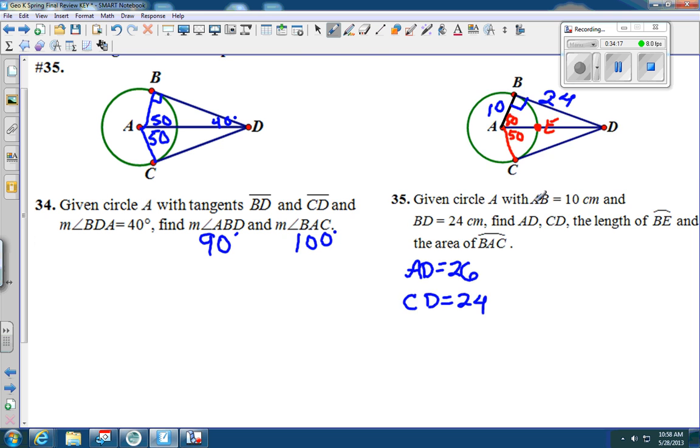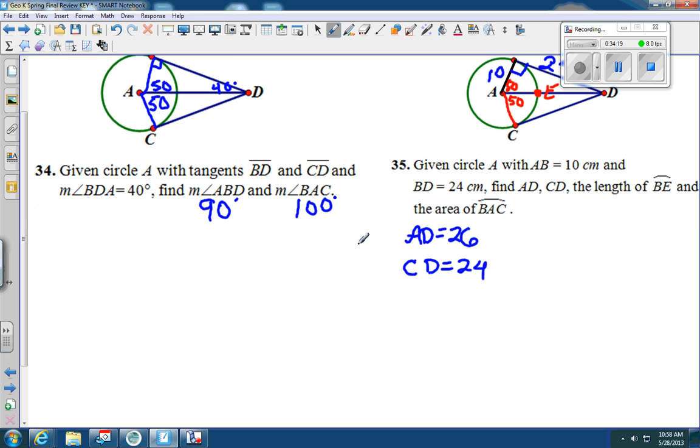Well, for BE, I would take that arc measure, which is going to be 100, because that central angle is 100, out of 360, times 2 pi r, and r is 10, because that's what AB is up there, or AC.